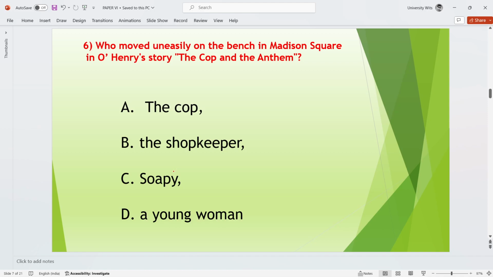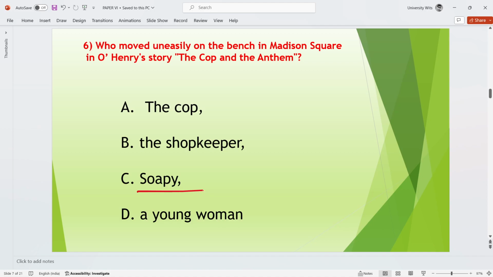Soapy. This is a central character, a homeless man. इसके नाम से ऐसा मत सोचो कि ये कोई लड़की है. सोपी एक लड़के का मतलब एक मर्द का नाम था. A young man. ठीक है. सोपी.